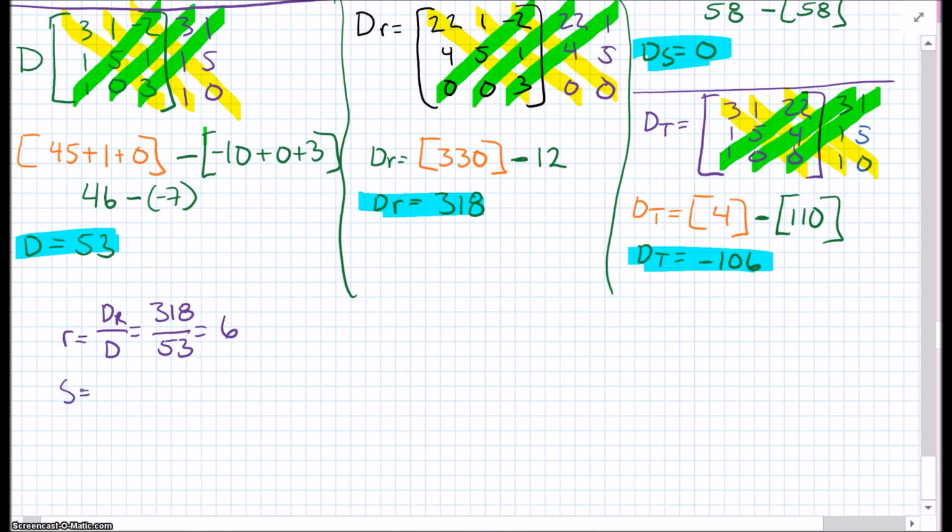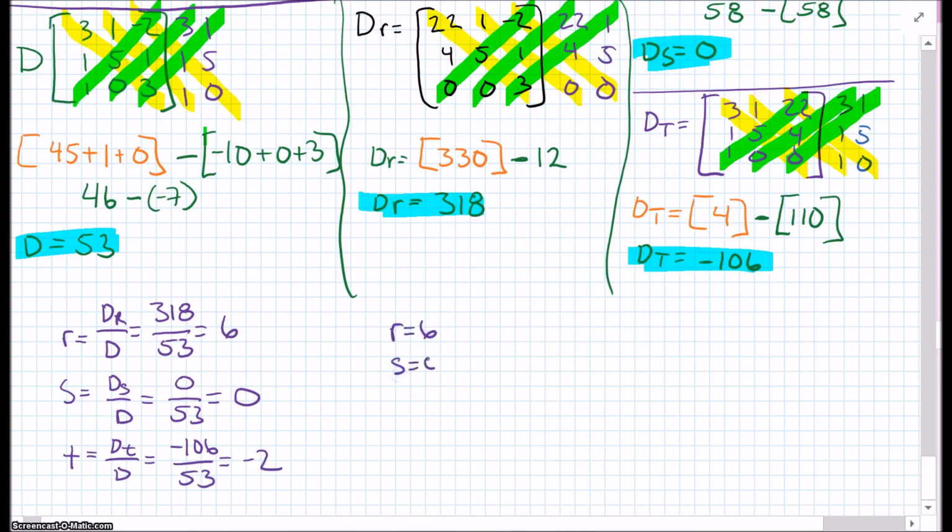Our s is nothing more than D sub s over D, which is 0 over 53, which is 0. And our t value is D sub t over D, which would be negative 106 over 53, which is negative 2. So r equals 6, s equals 0, and t equals negative 2.